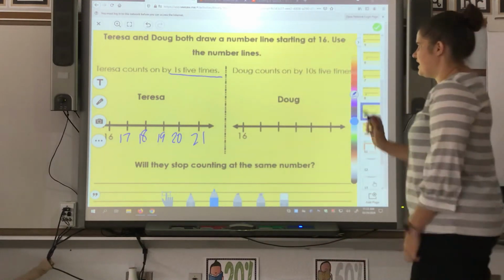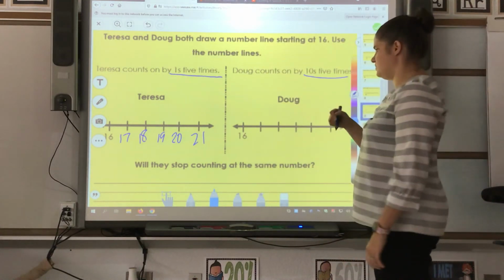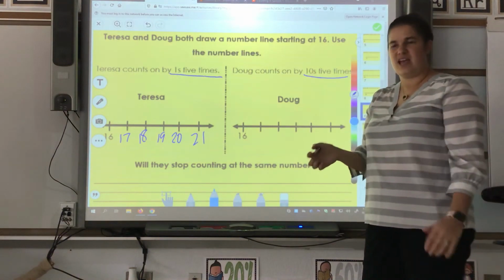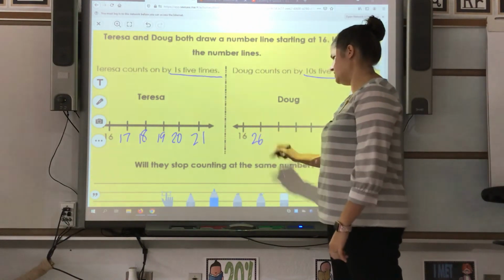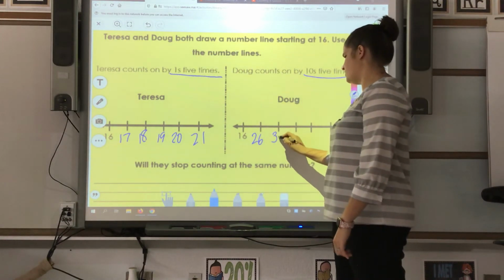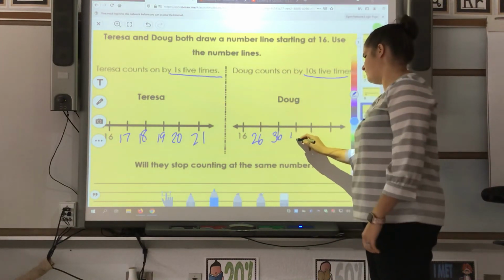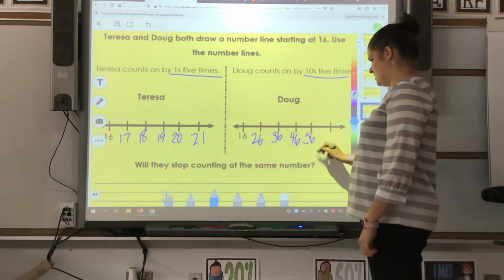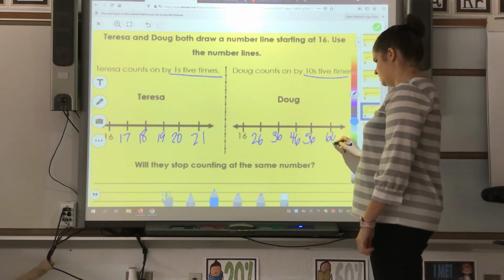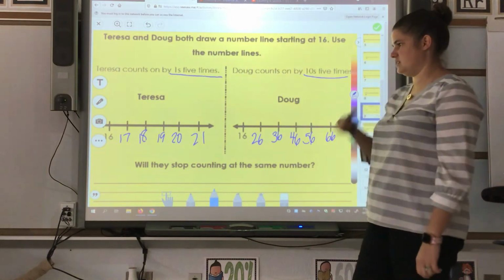And Doug counts on by tens 5 times. So we've got 16, and we're going to count by tens. So 16, 26, 36, 46, 56, and 66. Whoa, he's got a lot more than Teresa does.